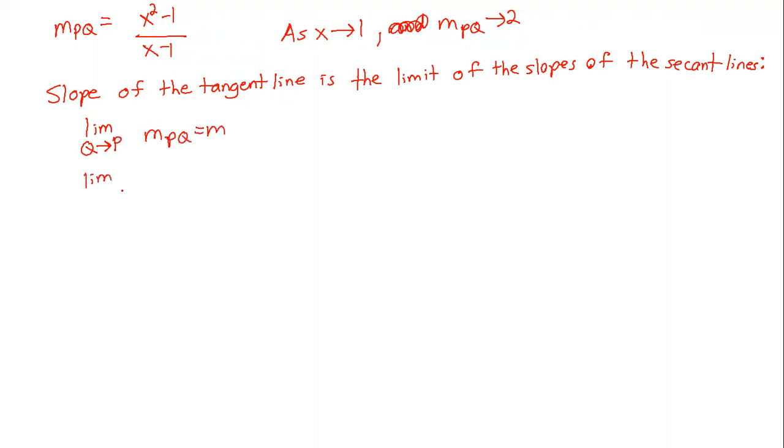Or, because we said P has x equals 1, the limit as x goes to 1 of (x squared minus 1) over (x minus 1) equals 2.